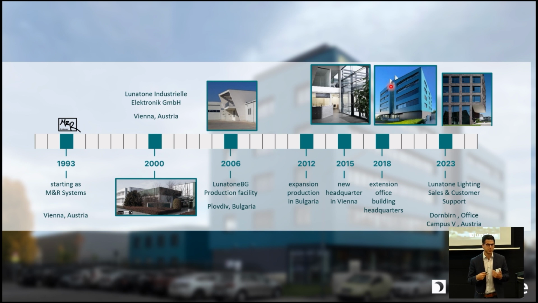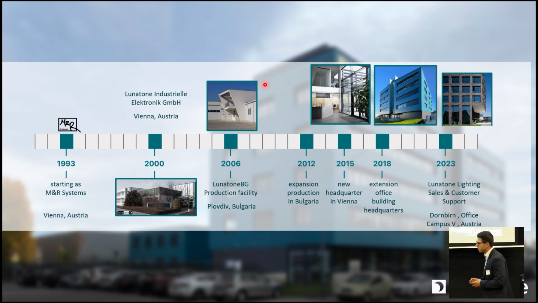Then that developed into so much business that they decided, or actually Mr. Alexander Meyer decided to start his own business, which is called Lunatone Industrial Electronic, and is based in Vienna. He is, until today, still the CEO and of course the founder of the company. So time went by.